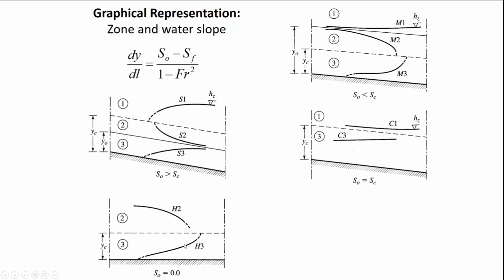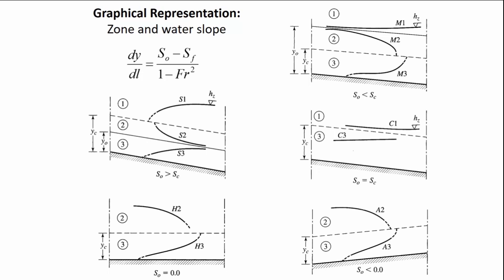And the same thing is true in the case of a horizontal. There isn't a normal depth. If you've got no slope, you can't solve Manning's equation for some depth if the slope is 0. You can have the critical depth just based on the flow rate and the channel geometry, but you won't be able to solve for a Manning's depth.